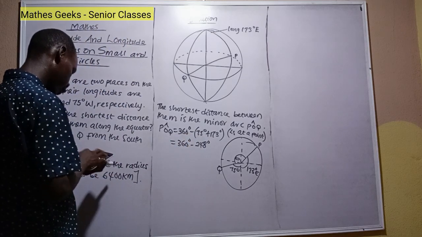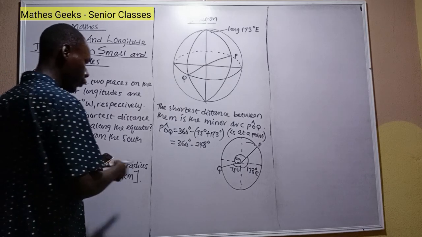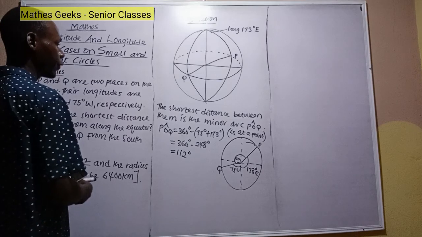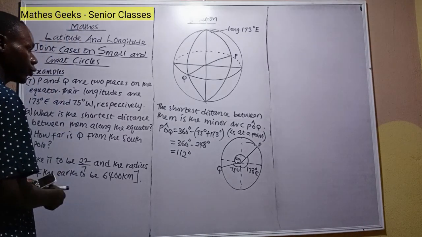So 360 minus 248 is 112 degrees. So that's our angular difference, and that's what we are going to use in our calculation.